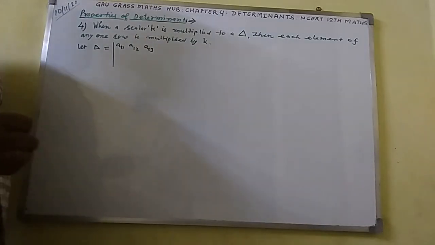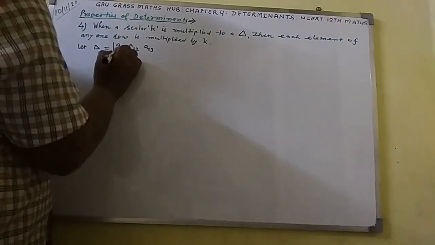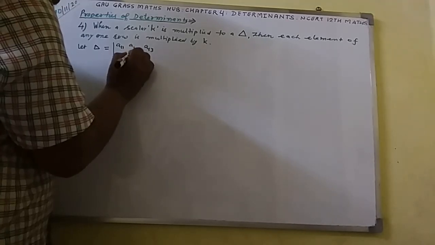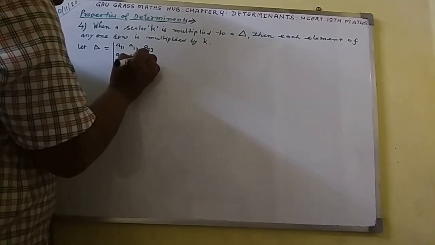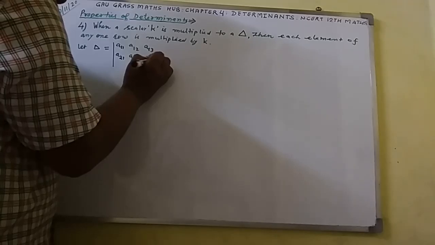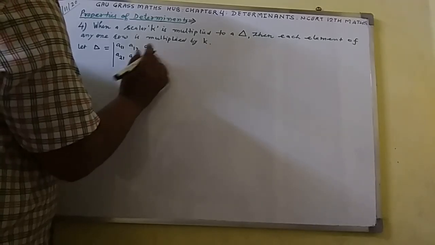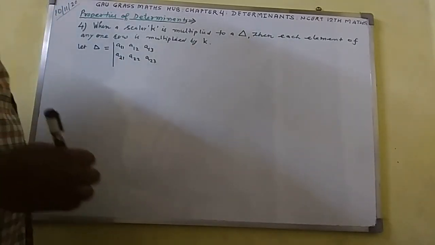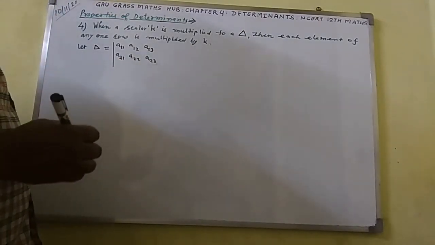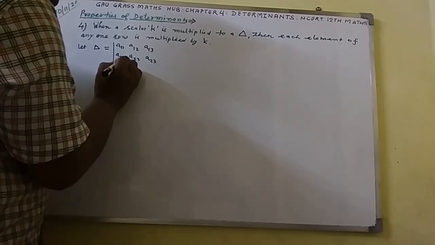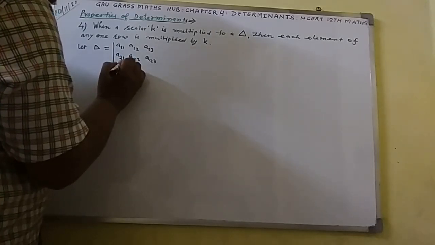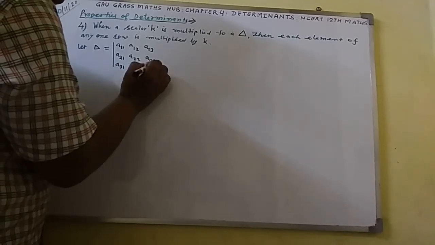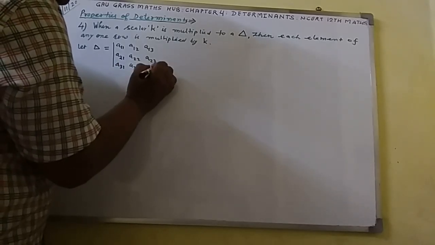The elements of second row: A21, A22, A23. The elements of third row I shall write here: A31, A32, A33.